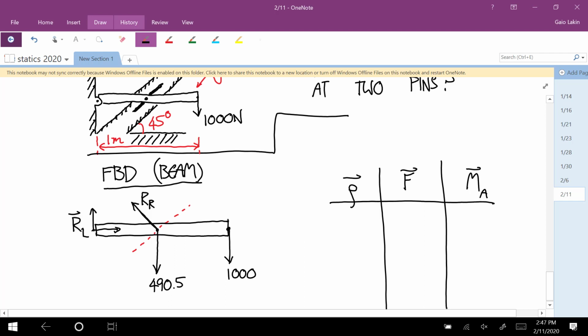So you might as well just give the x and y components of these two and the z component of that one. But remember that moments really are always vectors, and these are always z components of vectors that I'm giving.